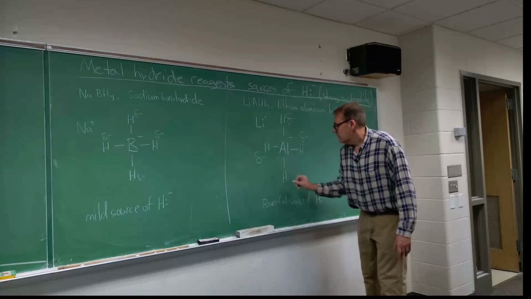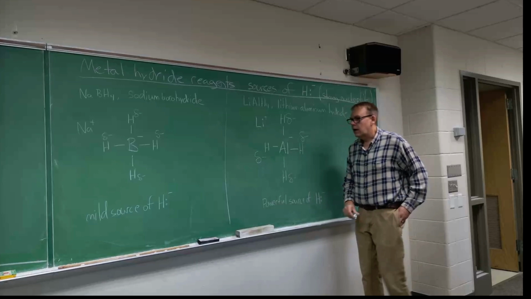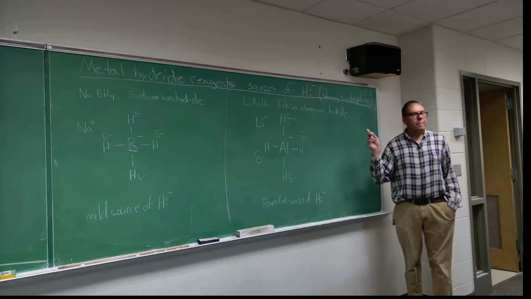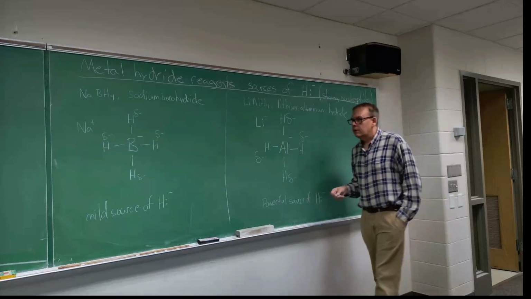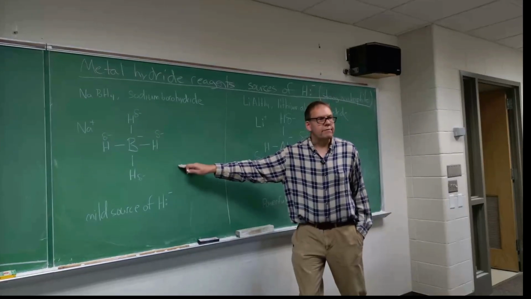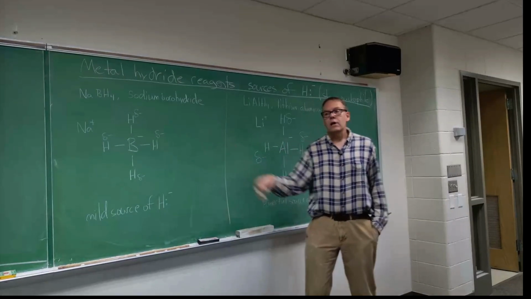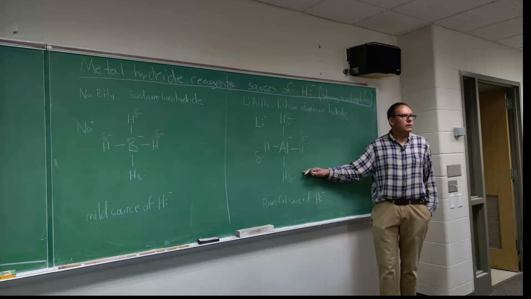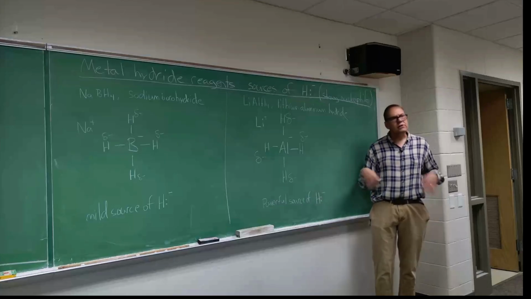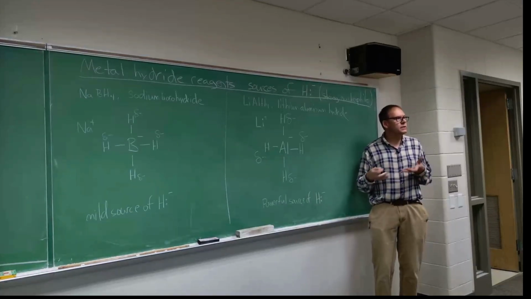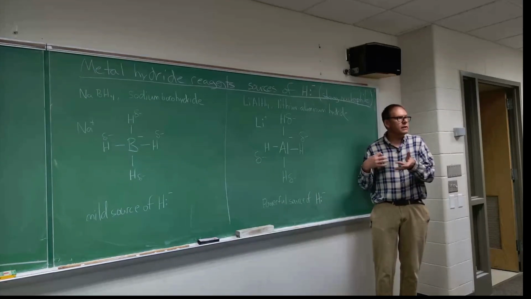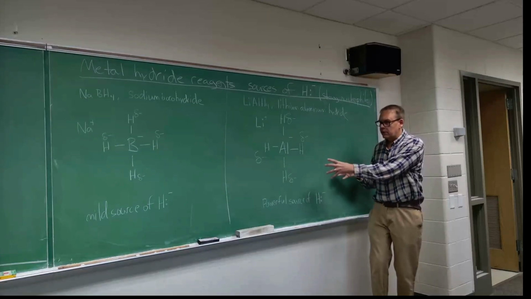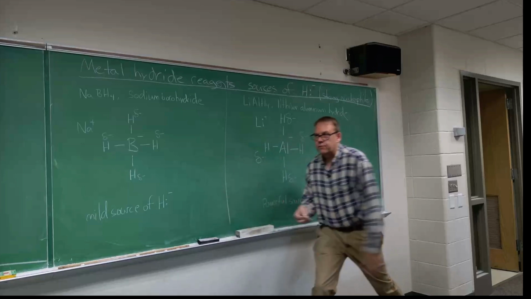They're sort of more aggressive H- sources, and this is a really powerful source of H-. Between the two, if you drop this one into water, it'll fizz and generate hydrogen gas. This one will react very violently. It'll release hydrogen gas. It'll catch on fire. It's just a qualitative way of showing that they're really different in terms of their intensity. They do the same thing, but to a more aggressive extent over here and a milder extent over there.